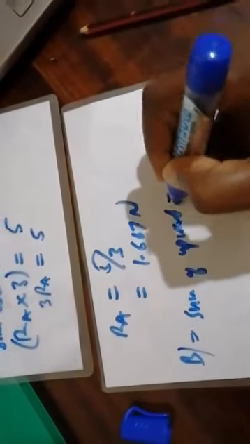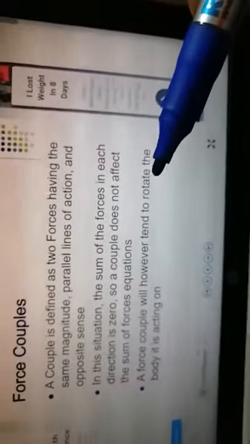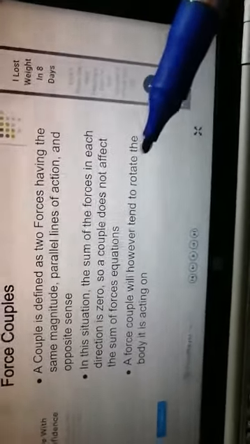Now, to confirm whether we have the correct values, we can apply the second rule that says that the sum of upward forces should be equal to the sum of downward forces. Which are our upward forces? RA plus RB should be equal to the sum of the downward forces. Remember, we said that the sum of the forces in each direction is 0. So a couple does not affect the sum of forces in the equation.